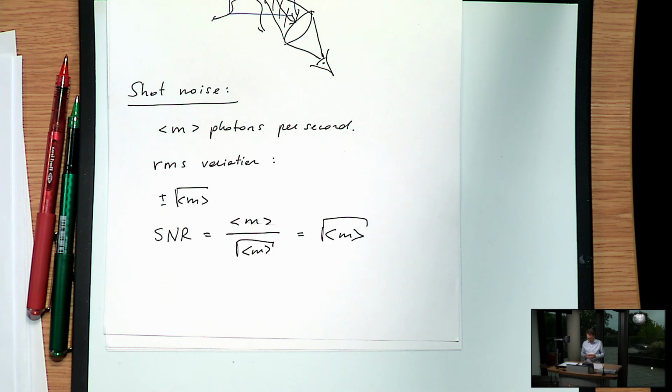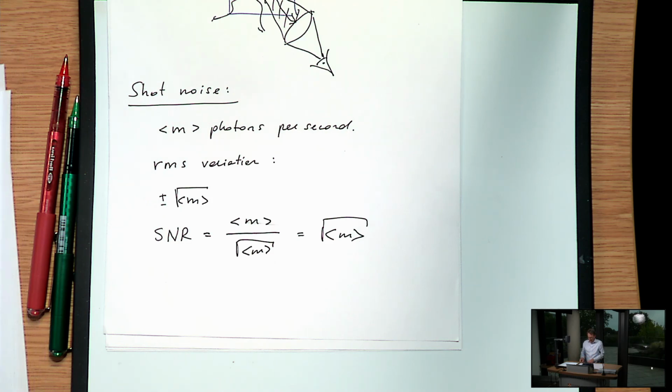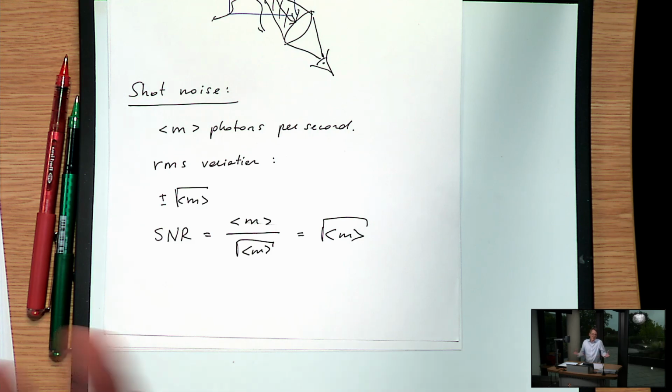And so what you can do to improve this is to collect more signal, obviously. So if you integrate for 100 times longer, then the signal to noise ratio will go up by a factor of 10 because of this shot noise.